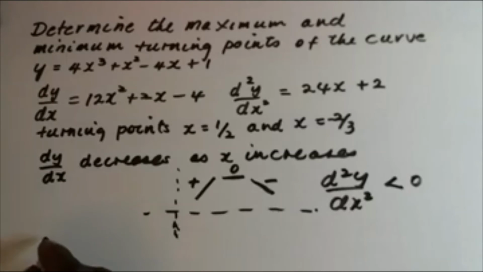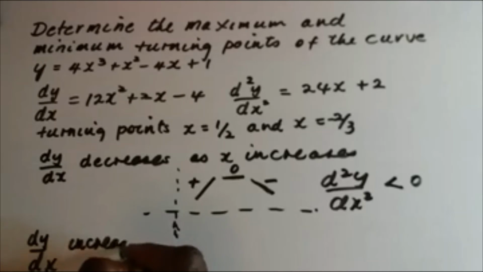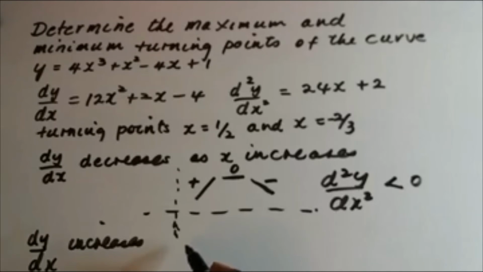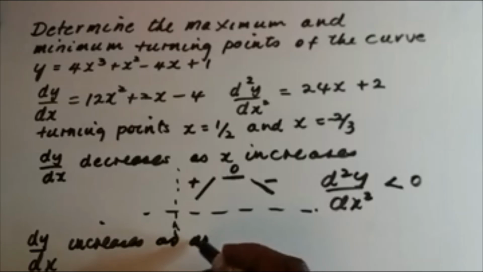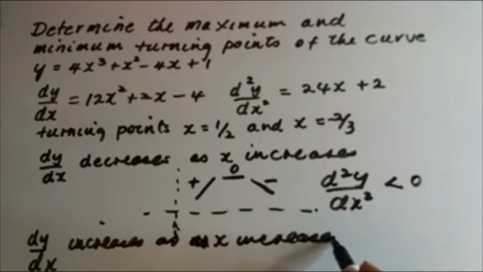And similarly, if we have dy/dx increasing as x increases, we have the opposite, which is a minimum turning point, and it looks like this.